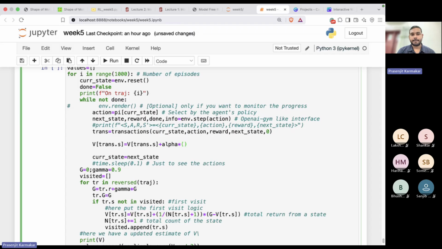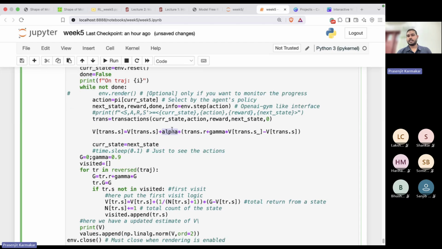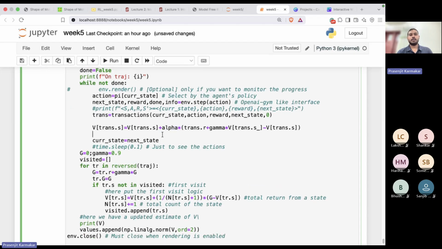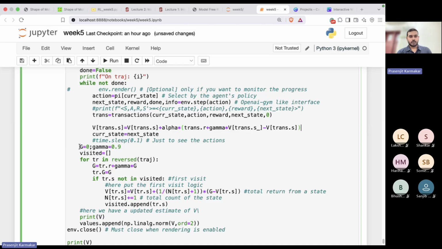R becomes transition.r, plus gamma times value of transition.s prime minus value of transition.s. That becomes my update, and I don't need to update the count variable, right? Because we are basically replacing it with a learning rate, and then we update the next state. We don't have to compute return or anything like this.